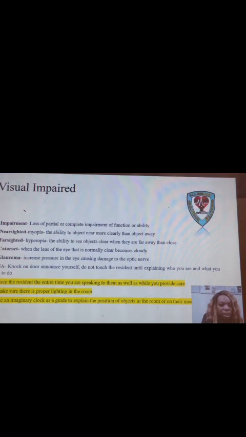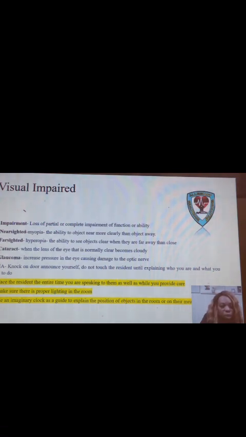As a nursing assistant, when you're taking care of visually impaired residents, you want to knock on the door and announce yourself. You do not touch the resident until explaining who you are and what you are planning to do. You're going to face the resident the entire time that you are speaking to them, and also while you are providing care. You want to make sure that there is proper lighting in the room.